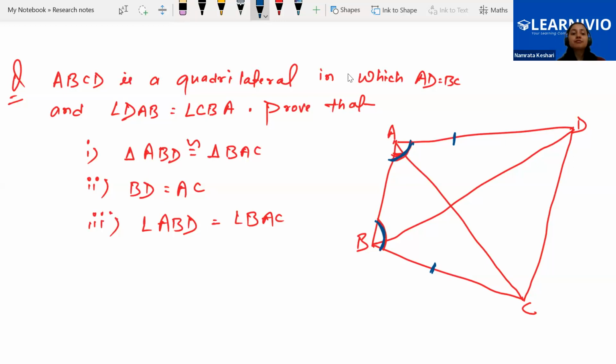What we have to prove? We have to prove that triangle ABD and triangle BAC are both congruent with each other. So at first we will focus on the first part only. Both triangles we have to prove congruent. Let me highlight the triangle. We are going to talk about triangle ABD, which is given in the question.